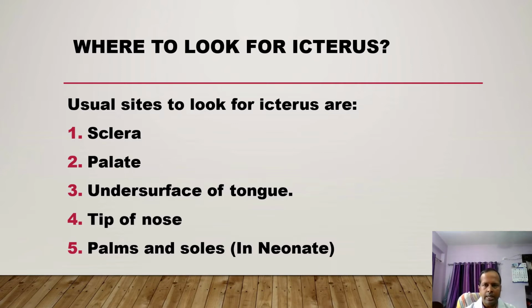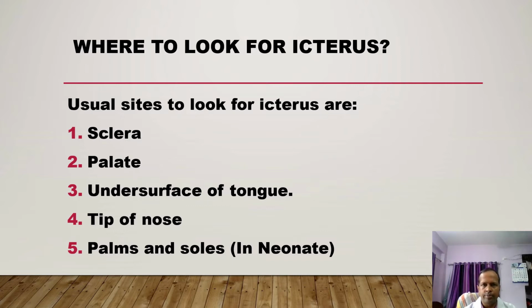For sclera, you have to ask the patient to look down at his feet or fingers, and you gently push both eyelids upward. I have shown one picture in the coming slides. Then for palate, gently ask the patient to open his mouth and you can look at the palate.